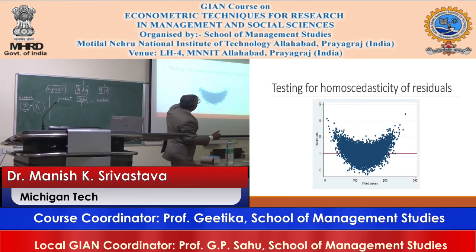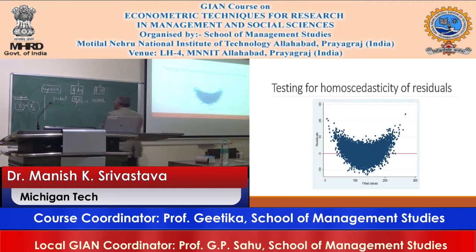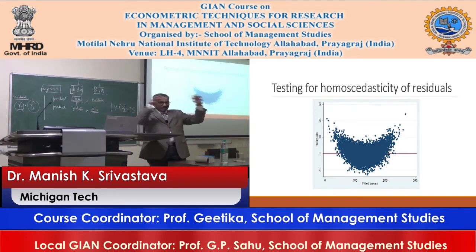So we want to see if there is a pattern. The second thing we needed was to predict, let's say we are calling y hat, and then this is Stata's way of calling them x's, okay?